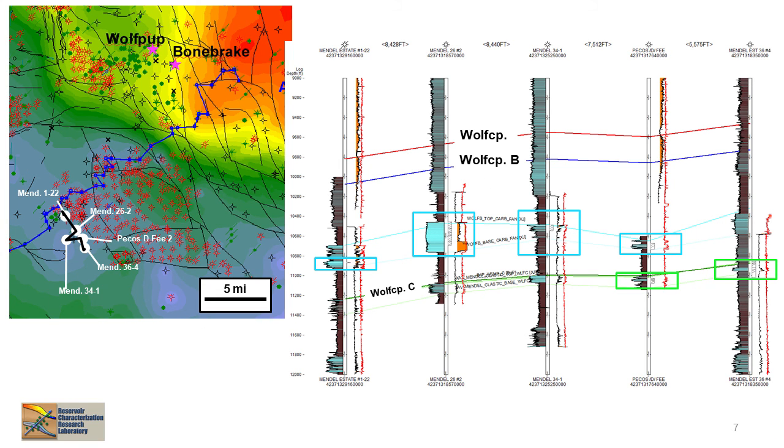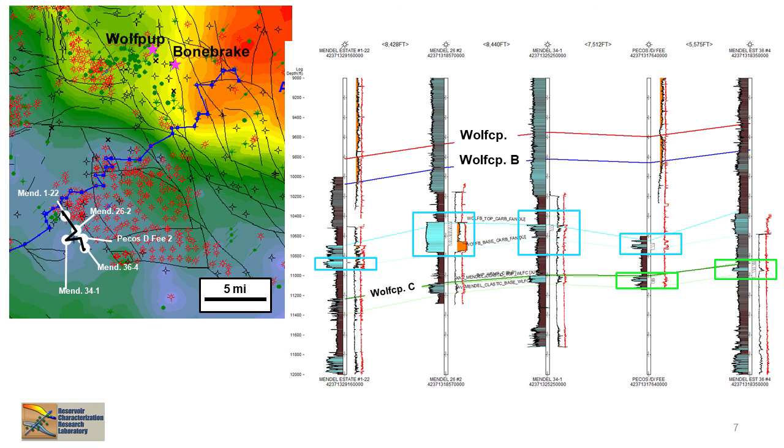If we go back to this map and core cross section, we looked at those 5 cores: 2 at the bottom in the siliciclastic interval, the 36-4 and the basal part of the Pecos D phi, and then 3 in the carbonate interval: the upper part of the Pecos D phi, the Mendel 34-1, the Mendel 26-2 with this really blocky gamma ray, and then just a little bit of core in the 1-22.